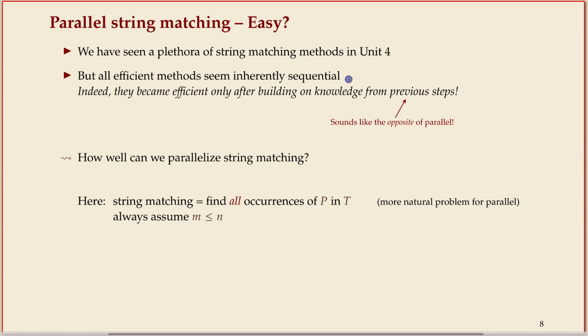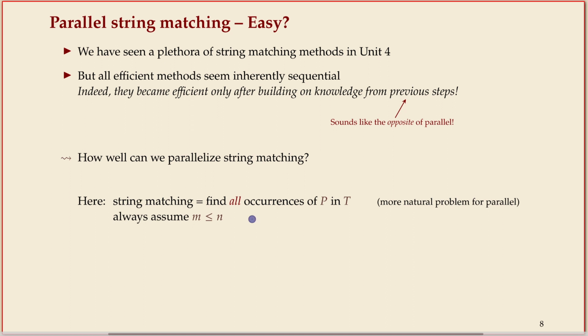And they were exactly trying what the brute force algorithm did not do well, namely learn from the comparisons that they already did in the past. But in a way, that's exactly what you cannot do in a parallel algorithm. At least having these independent subproblems smells like the opposite. So what can we do?